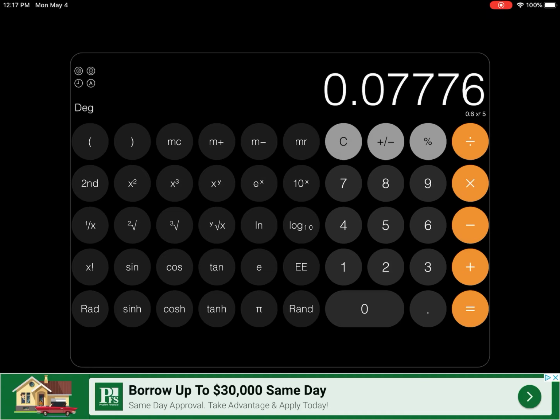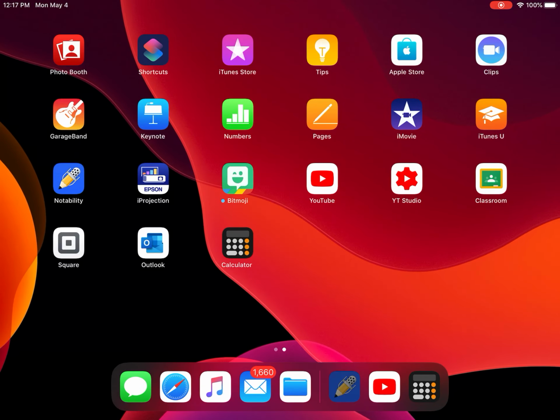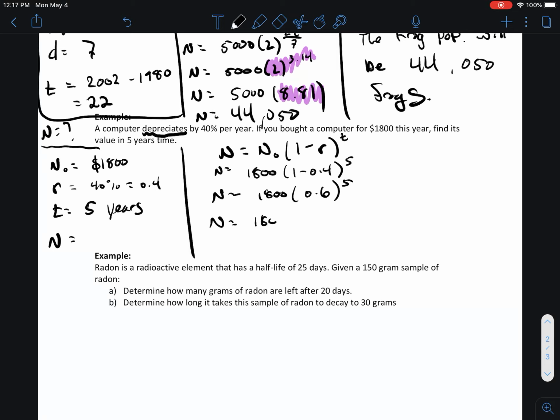So it's 0.6. Again, I'm going to have to use the x to the y button, to the power of 5, which gives 0.07776. Let's just see what happens if I use all those digits. So I'm going to go 1,800 multiplied by 0.07776, because I already did the math on this.